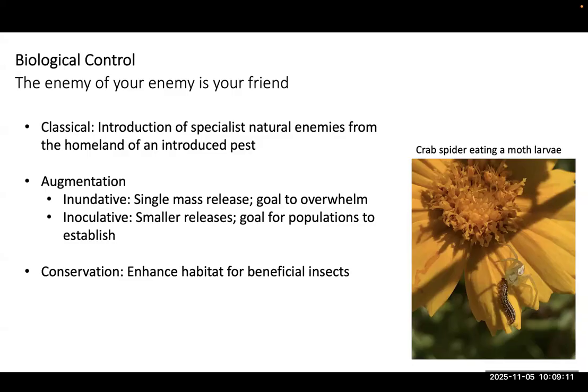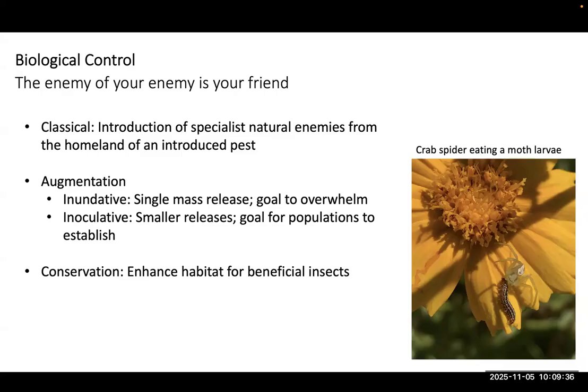Whereas augmentative is the idea where you're purchasing or you're releasing, you rear natural enemies, and you have the goal to reduce the population. So there's inundative and inoculative. Inundative is that classical way of like purchasing lady beetles, right, to help reduce something like aphid populations. But once they consume those aphids, they move on, right? They're not going to stay there.